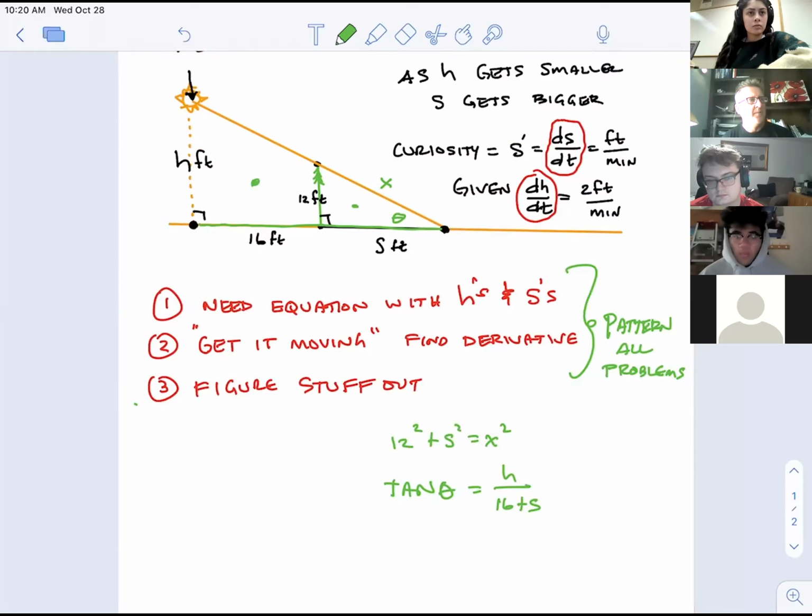So it'll look a little more like what you see up here at the top, which is like, given the speed of the sun is 2 and you want to know how s is changing, that's their givens. And so that's like code for, oh, I need an equation with s's and h's in it. And so the things that you're given will sometimes help you think through what you might choose. But let me show you the easiest answer to this, the easiest choice.